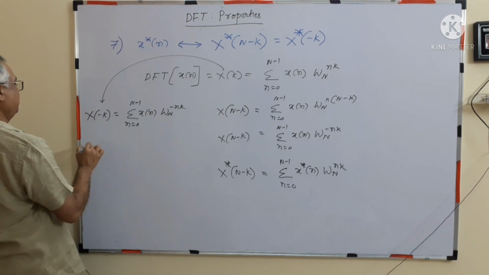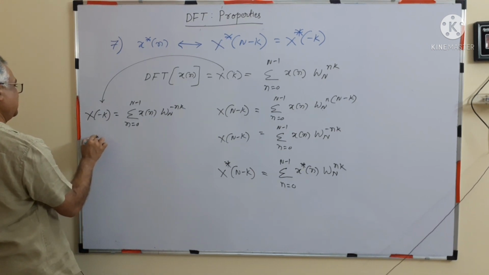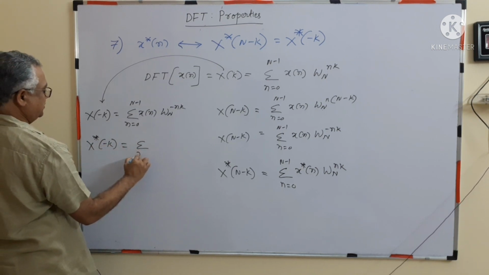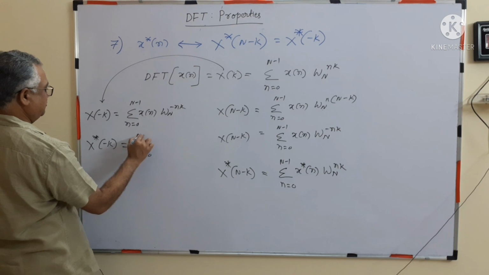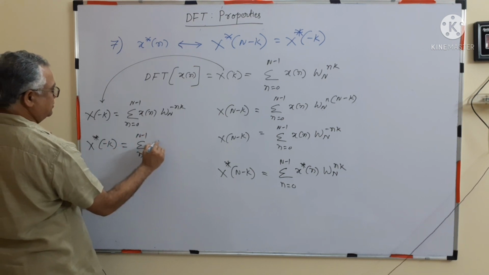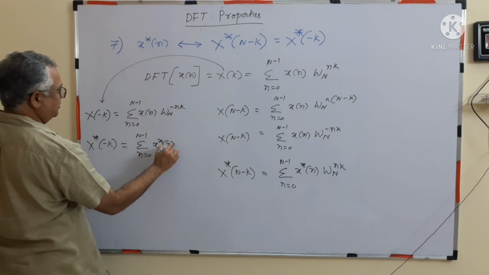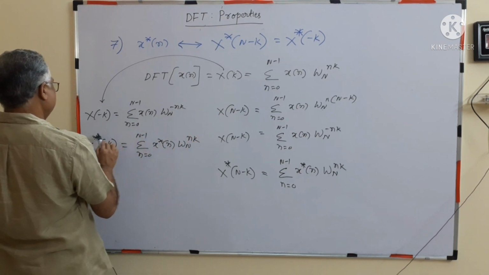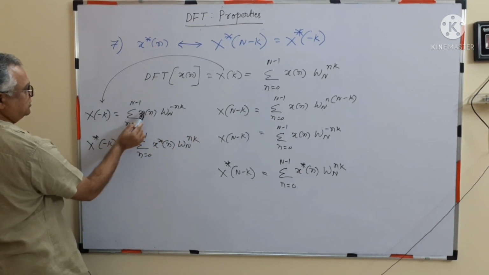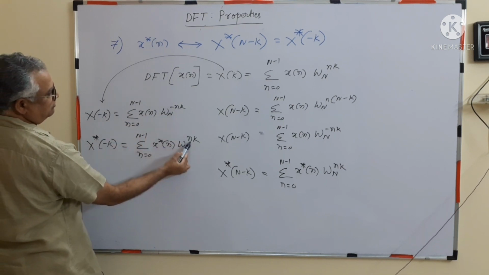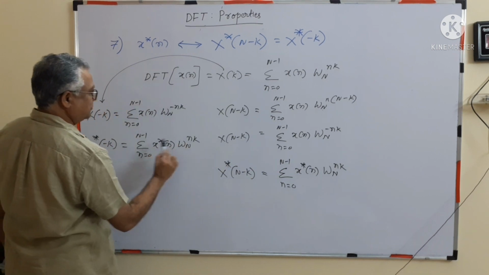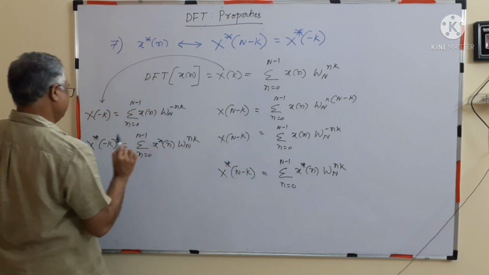Then again take the complex conjugate, X star of minus k. So sigma n equal to 0 to N minus 1 of x star of n W_N^nk. When I take the complex conjugate on both sides, minus becomes plus. This and this are the same, no? This and this are the same.